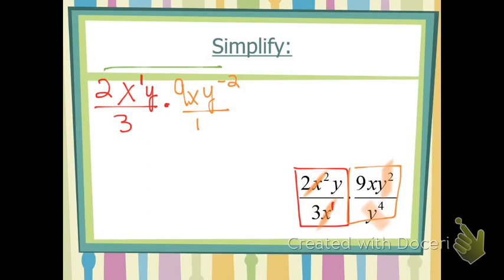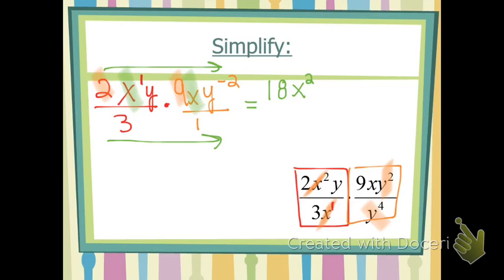Next, I'm going to multiply my fractions, multiply the numerators to get the new numerator, multiply the denominators to get the new denominator. So, treat this as separate problems. First, I've got the constants. I've got 2 times 9, which is 18. I've got x times x, which is x squared.